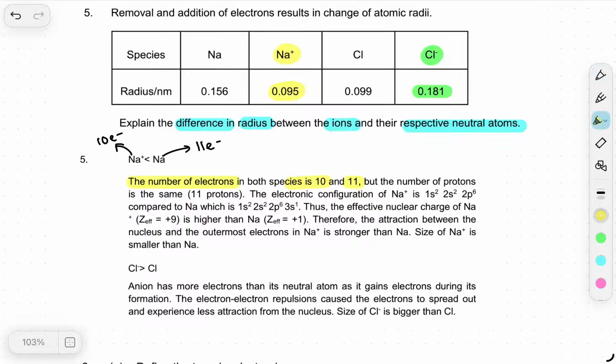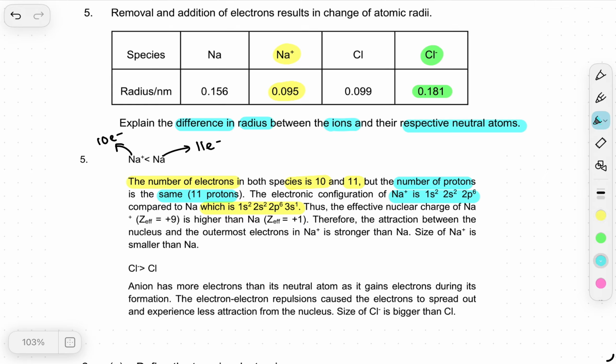Although they have a difference in the number of electrons, the number of protons is still the same. The electronic configuration of Na+ is 1s2, 2s2, 2p6, whereas the electronic configuration of Na is 1s2, 2s2, 2p6, 3s1.